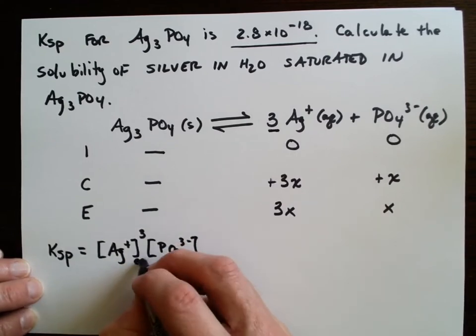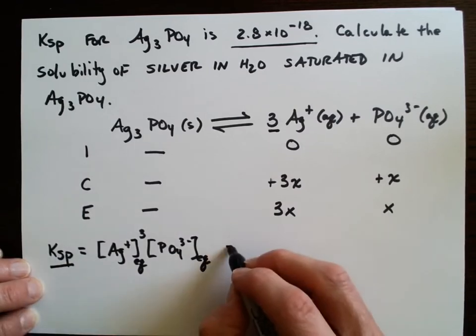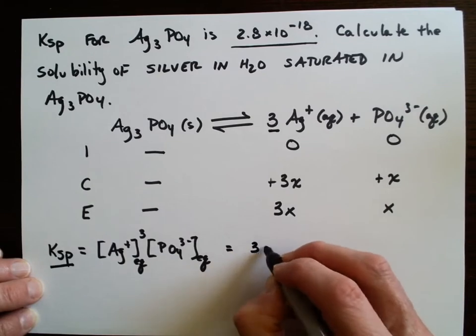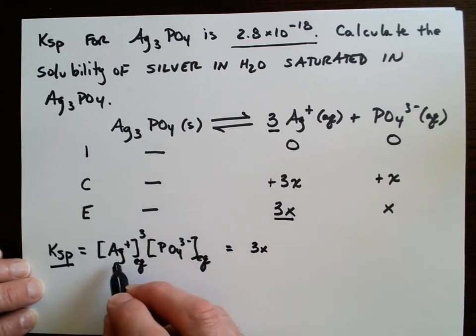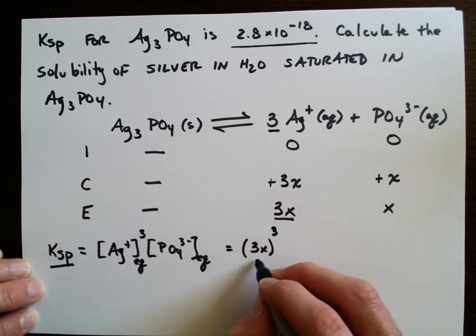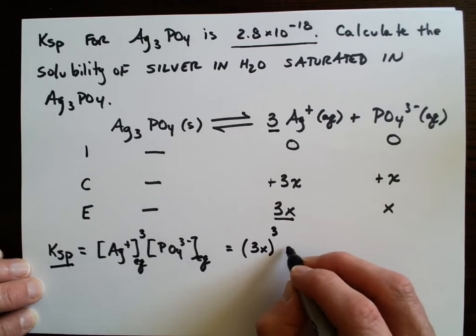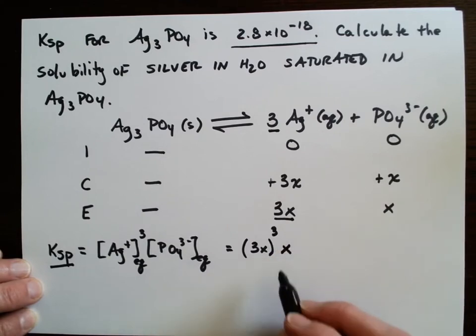And of course, this only applies under equilibrium conditions if we're looking for the equilibrium constant. So that means that 3x, that's my equilibrium concentration of silver, and I'm going to have to cube that. You really need to pay attention here. And then we're going to multiply that by the equilibrium concentration of phosphate, which is x.